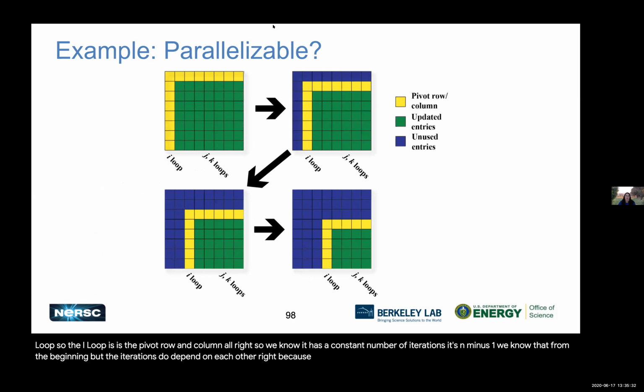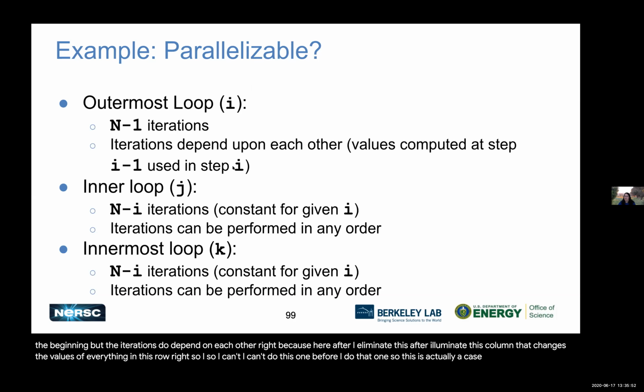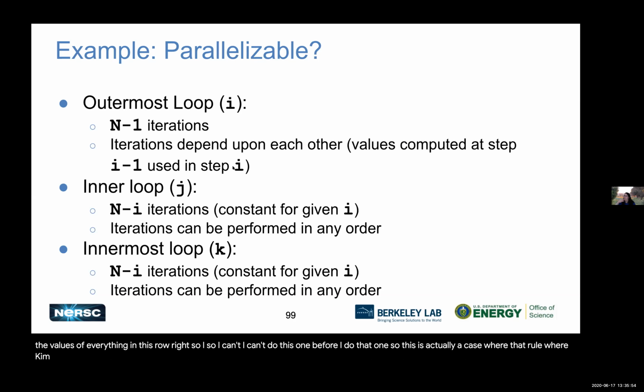Because after I eliminate this column, that changes the values of everything in this row. So I can't do this one before I do that one. So this is actually a case where that rule, can you do it backwards? No, you can't.